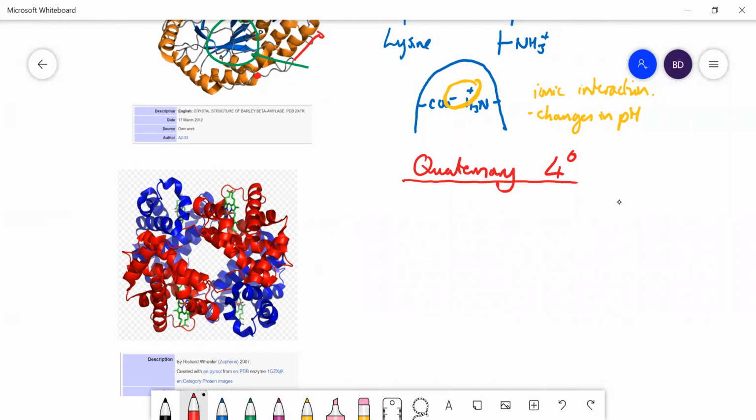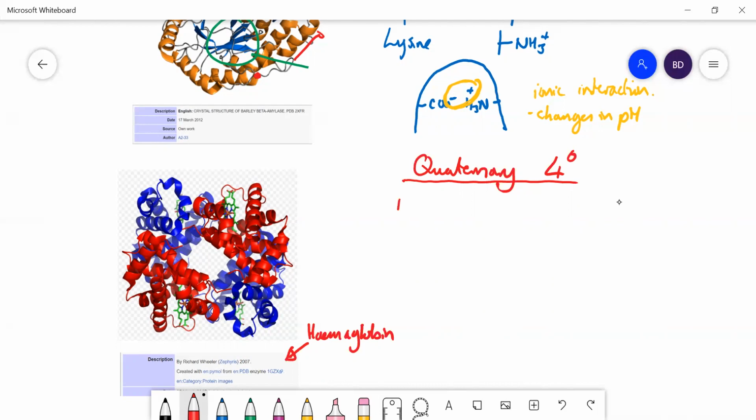Here, this molecule is hemoglobin, the oxygen carrying protein, from the Wikipedia page, and the acknowledgement goes to someone called Zephyrus, who does a lot of beautiful diagrams like that. So there's hemoglobin. You can see there you've got red and you've got blue.